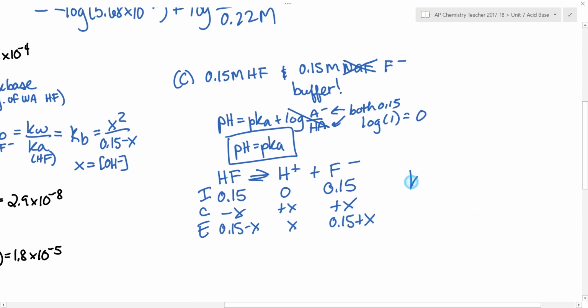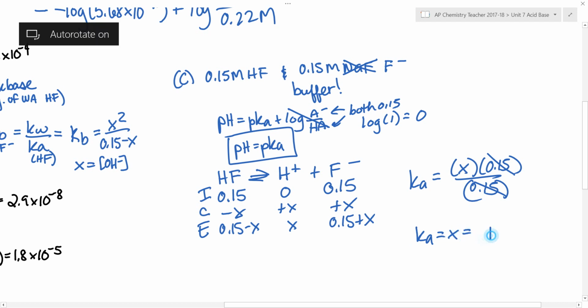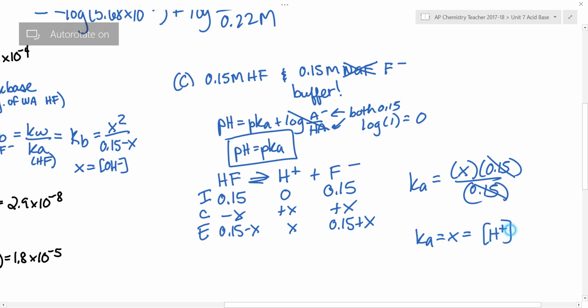I plug these into my Ka expression, and you'll notice it'll be x times 0.15 divided by 0.15. So 0.15 cancels out, and basically my Ka equals x, which is my H plus concentration. Therefore, my pH equals my pKa. So those are two different ways to look at that. All right, and that's all we have time for now.